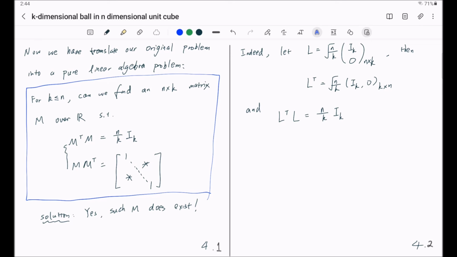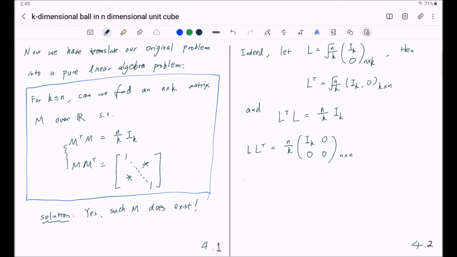But unfortunately, if you look at the product the other way, L L transpose is equal to n over k times this matrix. This is an n by n matrix whose top left corner is the identity matrix I_k. This product does not satisfy this requirement. It's not just because it has a scalar n over k in the front, but also because there are zeros on the other n minus k entries on its diagonal.